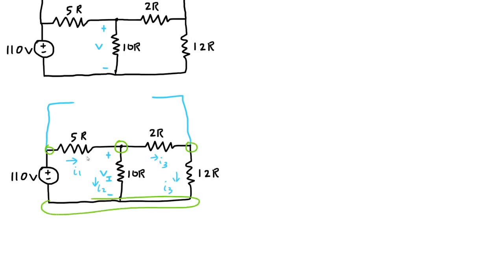Don't really care about this voltage, but we're going to need to know it. So I'll write it as V2. I'll call this V1 with the Roman numeral 110. Call this 0. We're going to do our KCL. So KCL, I1 going in, I2 and I3 leaving.